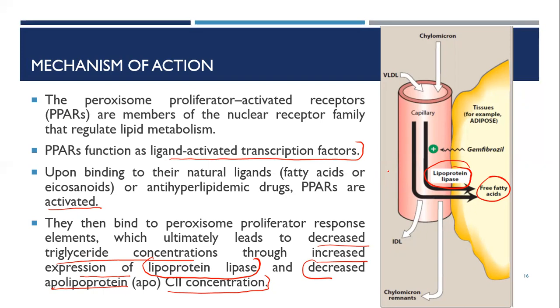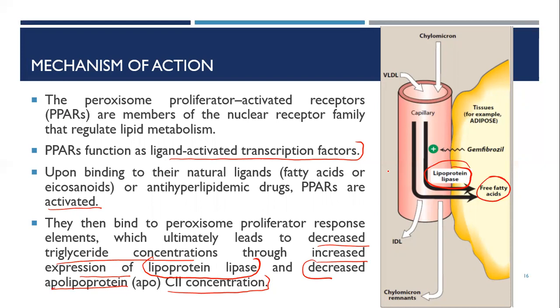Okay, so for the production of these lipoproteins, we require it. Okay, so as the raw material decreases, the circulating levels also decrease, and as the lipoprotein lipase expression is increased, the circulating triglyceride levels also decrease. Okay, so this is how they act.